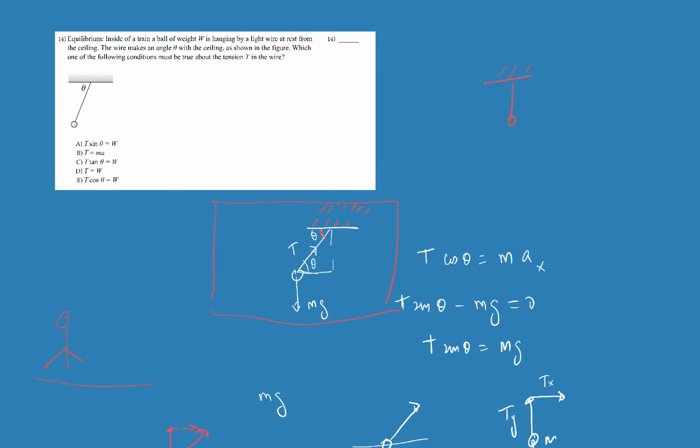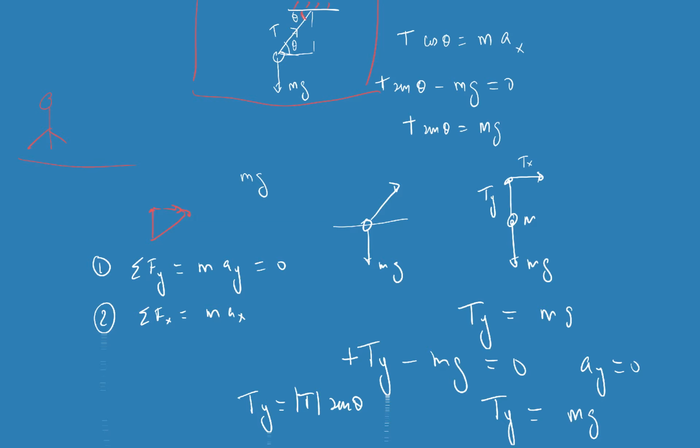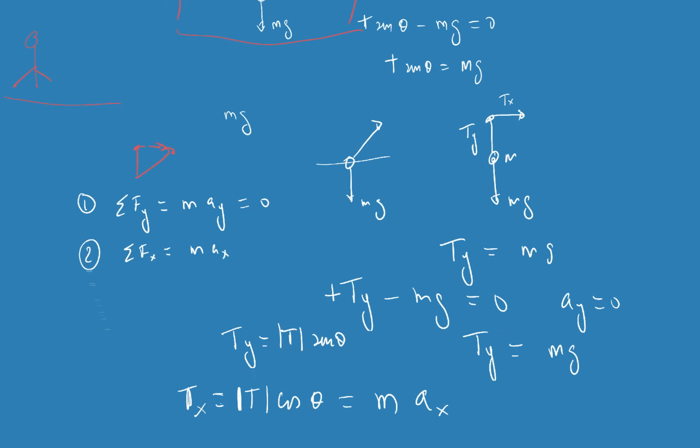And the question says, which one of the following must be true about the tension T on the wire? Well, it's the component y that should be true, and the component x is also true, of course. Our conclusion is that Ty is mg, or that the magnitude of T by sine of theta is mg.